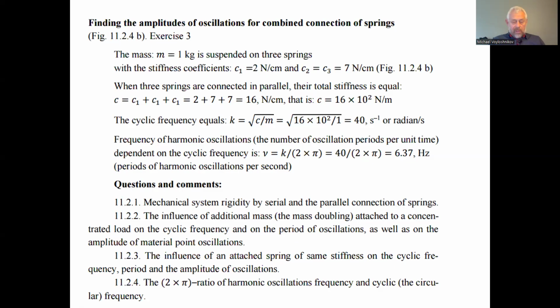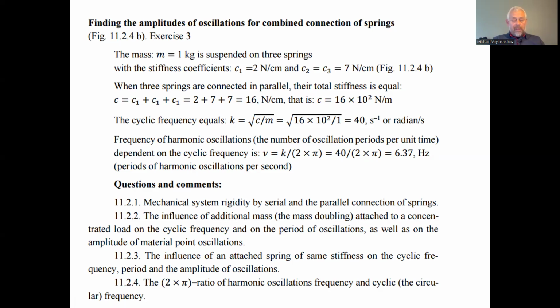Actually, we reduce the stiffness of the total suspension. For the parallel connection of springs, the stiffness increases, and the stiffness of the parallel connection of springs is equal to the total of the stiffnesses of all springs connected in parallel.